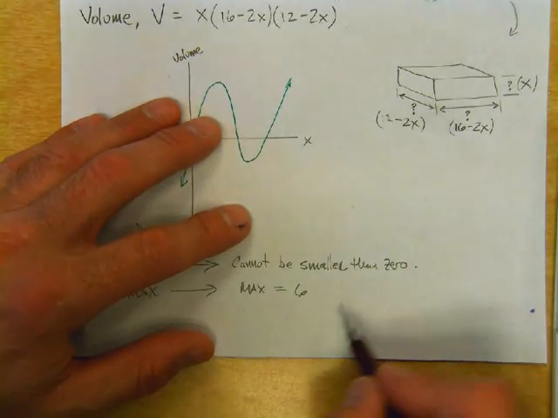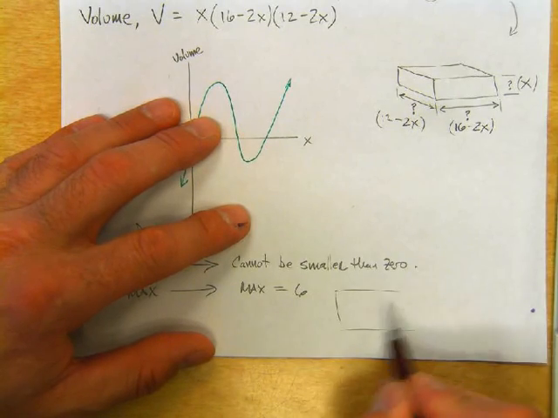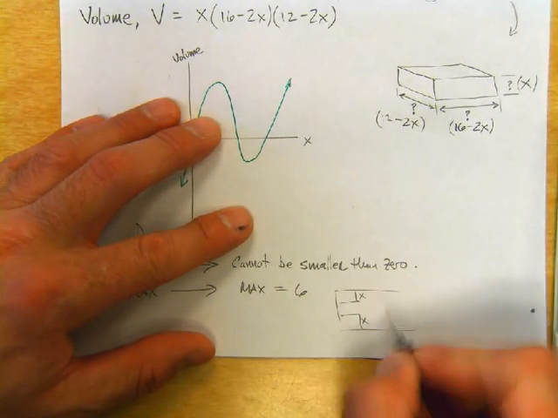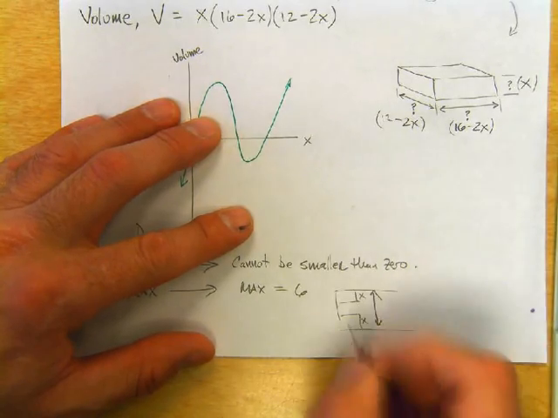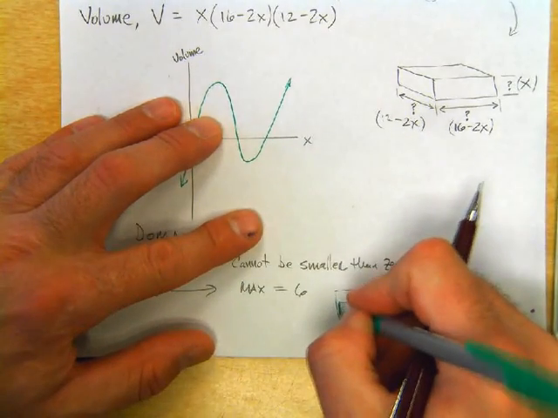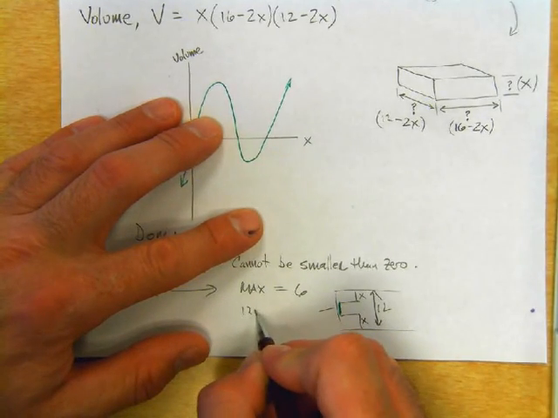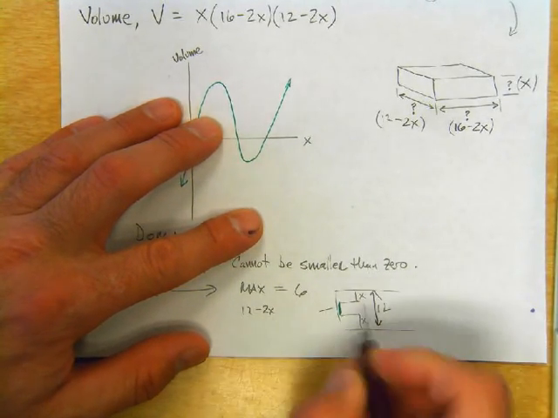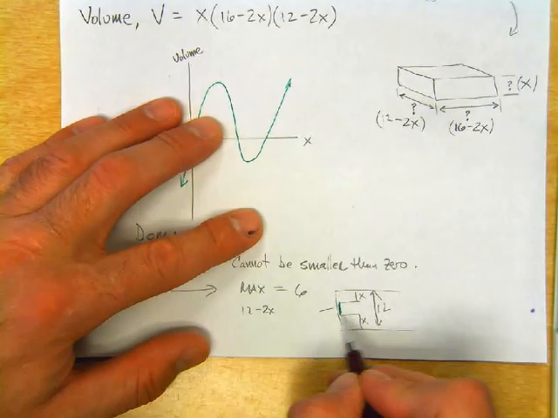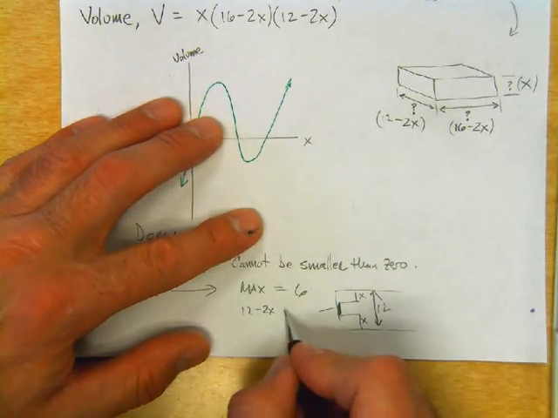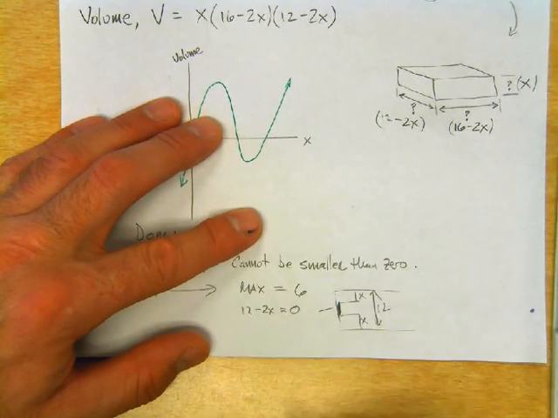Here's another way to think about it. I'm going to just draw the end of the pan right here. This is x and x. This is 12. And this distance right there is 12 minus 2x. What's the smallest value that that green line can be? 0.